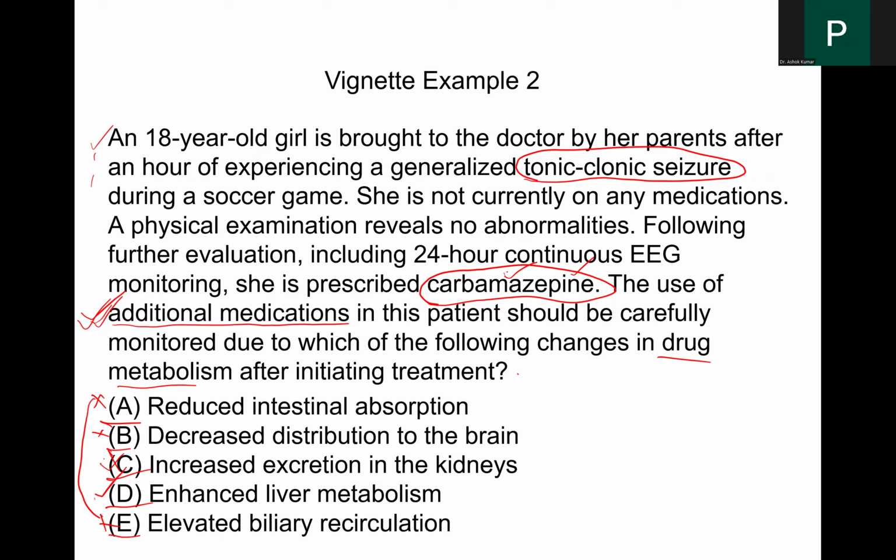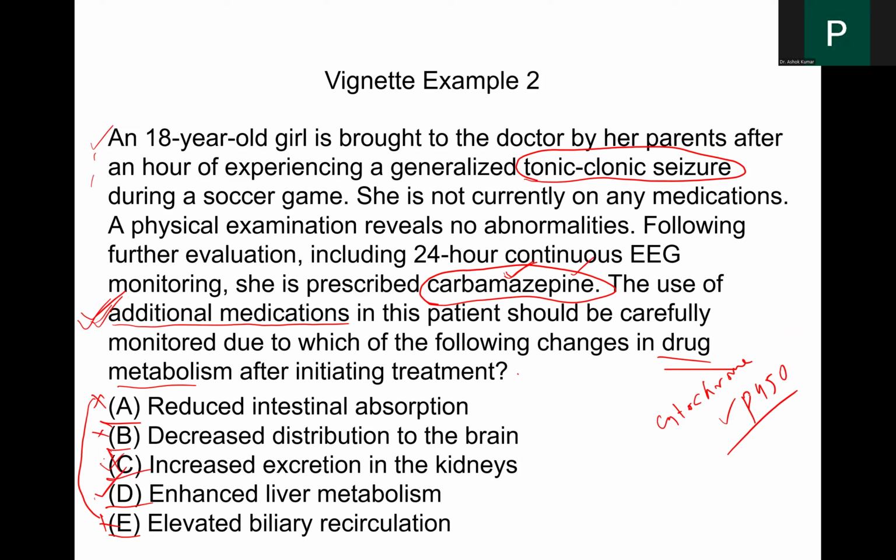Once carbamazepine is administered in the patient, carbamazepine will cause cytochrome P450 system activation, right? So the liver wants to catabolize carbamazepine and get rid of it.